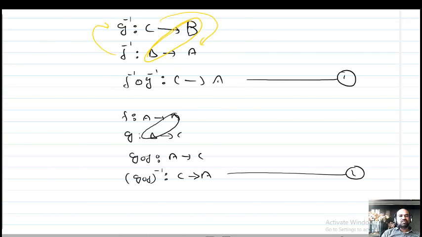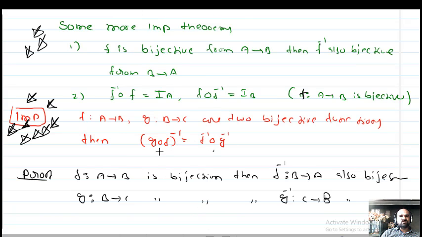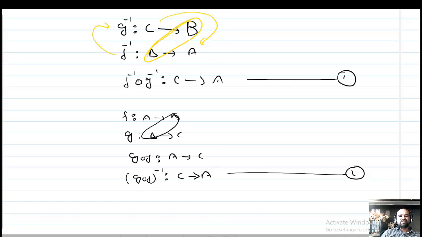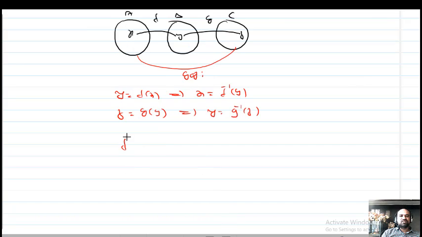Here, you want to show that these two are the same, no? First of all, I will take F inverse circle G inverse. F inverse circle G inverse of Z, what I want to find, equals F inverse of G inverse of Z by the definition.